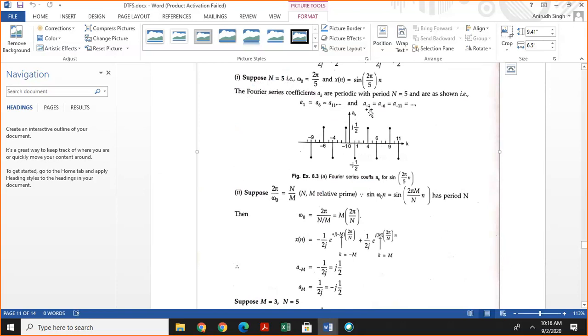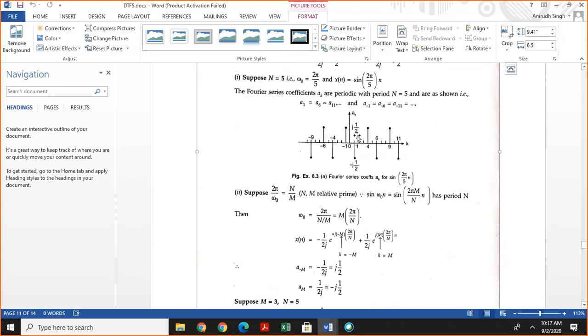Similarly, a minus 1, when we add 5, we get 4, and minus 4 plus 5 we get the value of this coefficient.